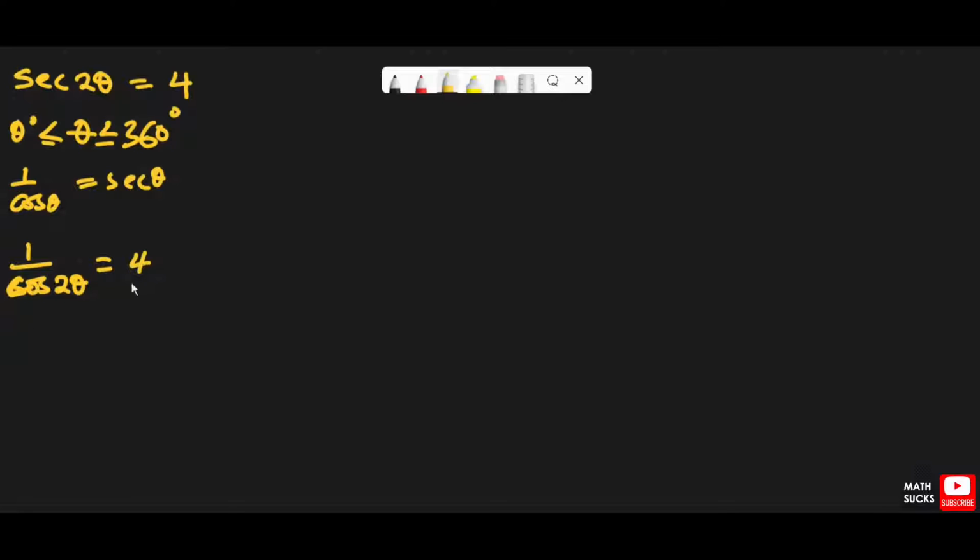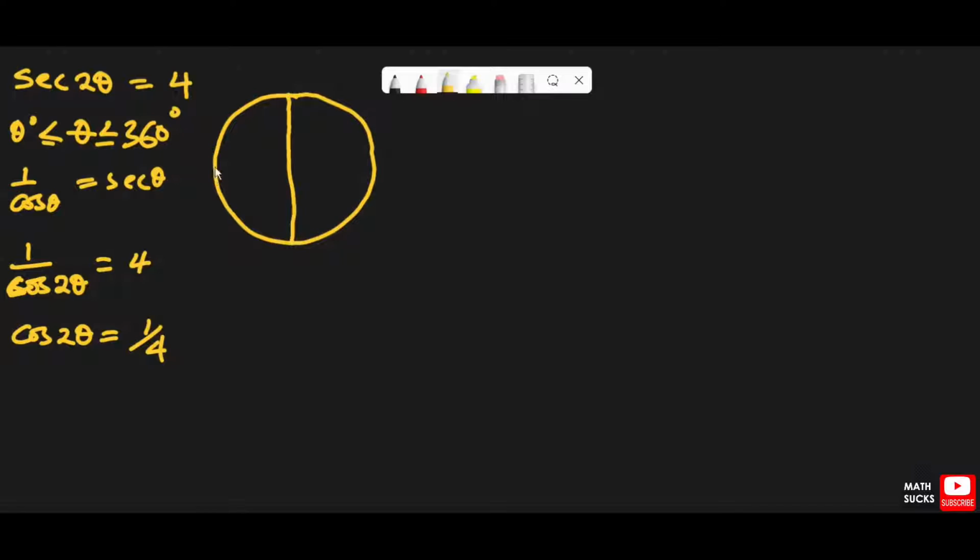And then if we cross multiply and make cos the subject, we have cos of 2 theta being equal to 1 over 4. So it's very clear that cos is positive, and so we are looking for the possible values of theta where cos is positive. We need to look at all the quadrants, which are the quarters of a circle.